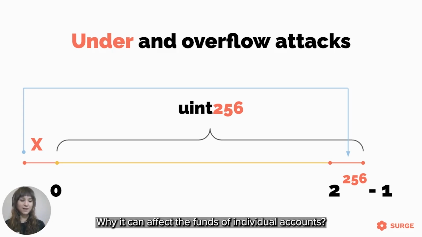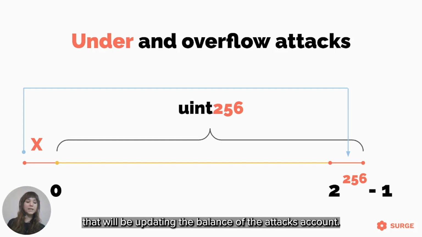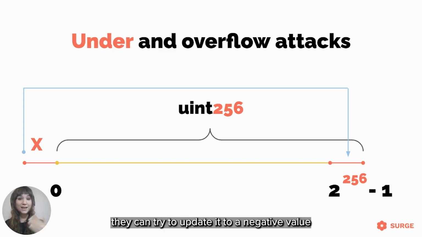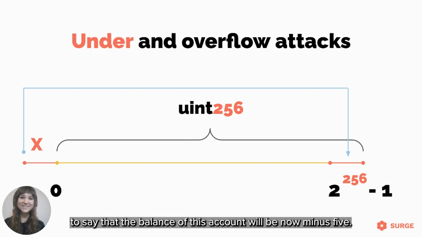And why is it tricky? Why can it affect the funds of individual accounts? Well, the attacker can provide some code that will be updating the balance of the attacked account. And they can try to update it to a negative value, to say that the balance of this account will now be -5.